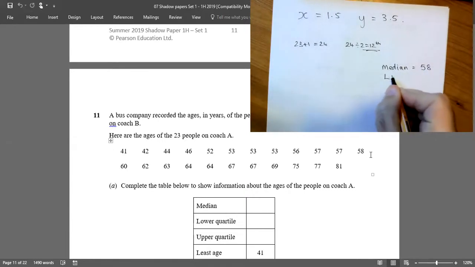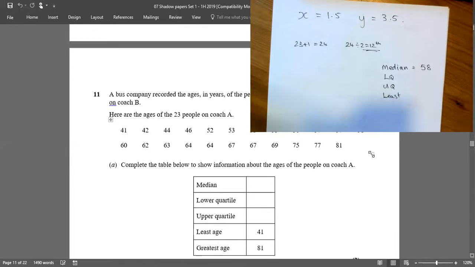Then I want my lower quartile, my upper quartile, my least, and my highest age. So the least and the greatest are given to you. My lower quartile.